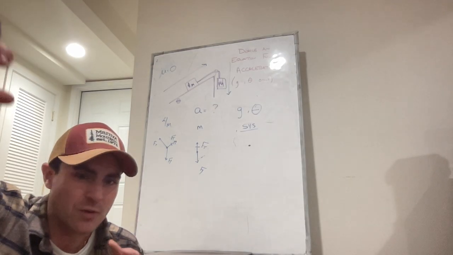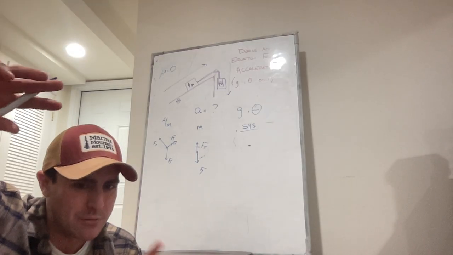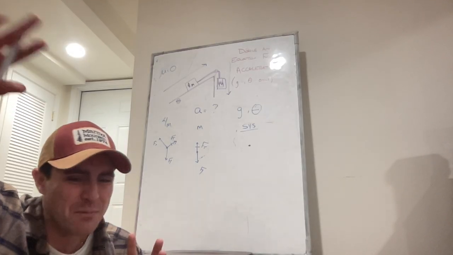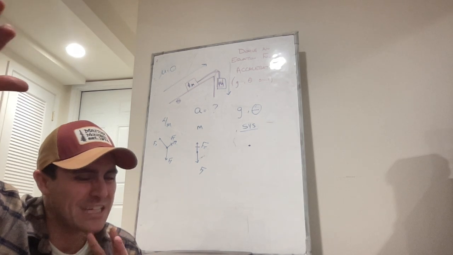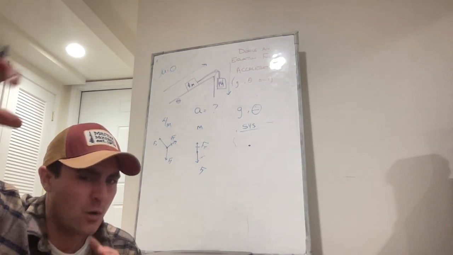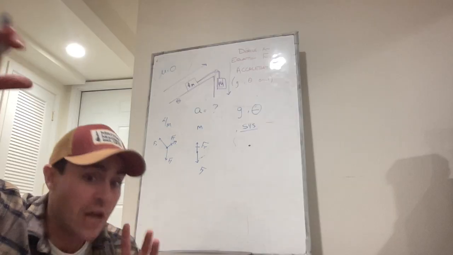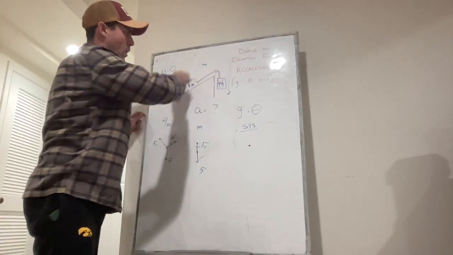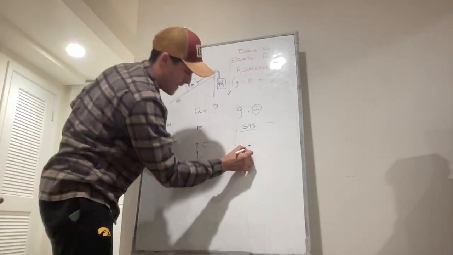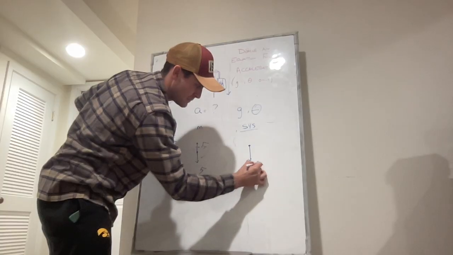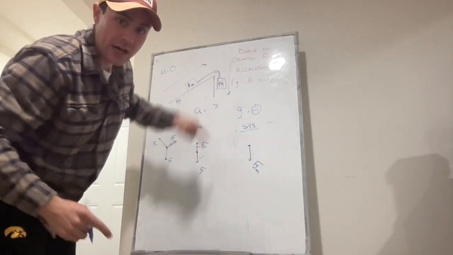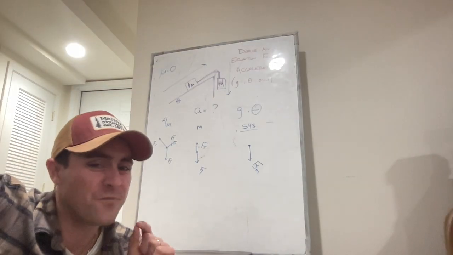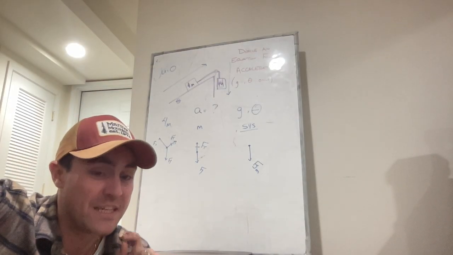So let's think about this. What is going to pull this object up? I have to think about what forces cause this thing to move. Generally speaking, this thing's going to go up and over. So I'm going to say Fg on the M block is the force that drives this motion for the entire system.